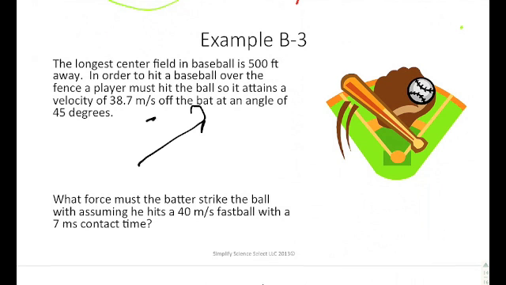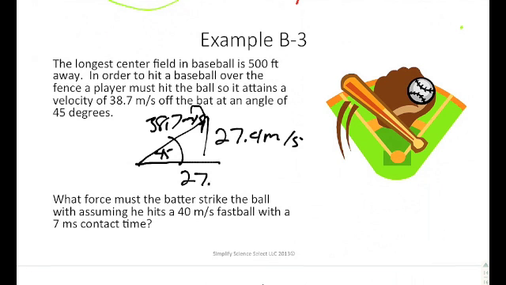38.7 meters per second, and it has to do it at a 45-degree angle, which means that there are components to the velocity. Because it's a 45-degree angle, it's going to have to be 27.4 meters per second up and 27.4 meters per second to the right.